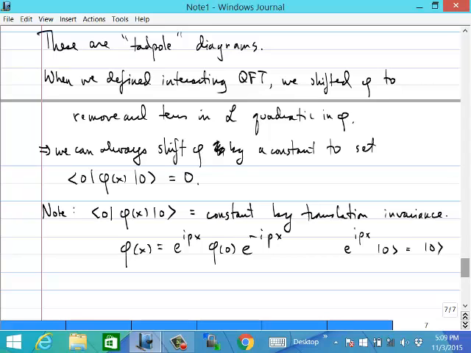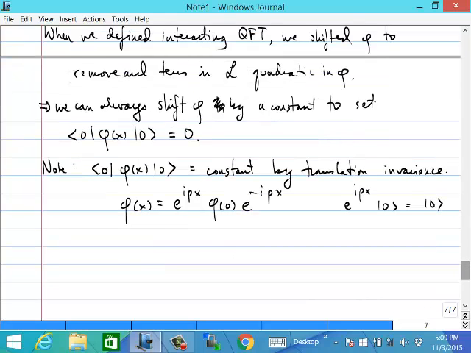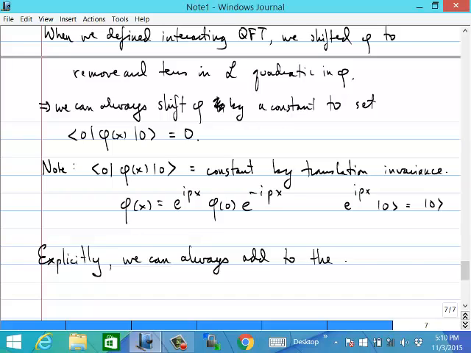So just to make this a little bit more explicit, what I want you to imagine doing is, if you start with an interacting theory, say our phi cubed theory, we could always add to the Lagrangian a linear term.